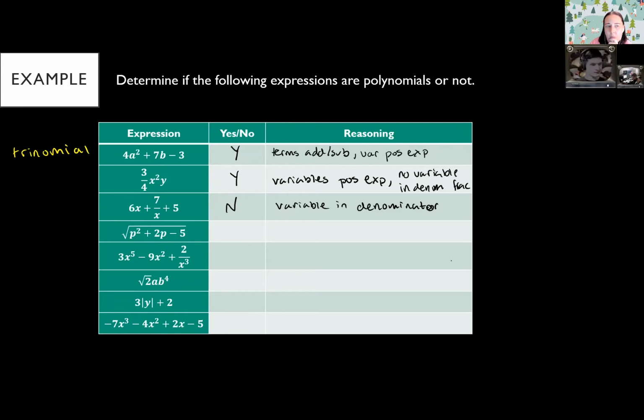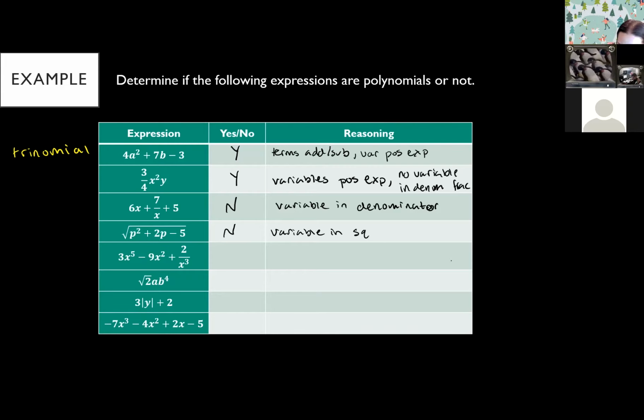Yes or no? I think no, because it can't have the radicals. That's correct. Okay. So because our variable is inside the square root symbol, it is not a polynomial. Now, if there was no square root symbol, this would be, but because of the square root symbol, it's not. So variable in the square root.